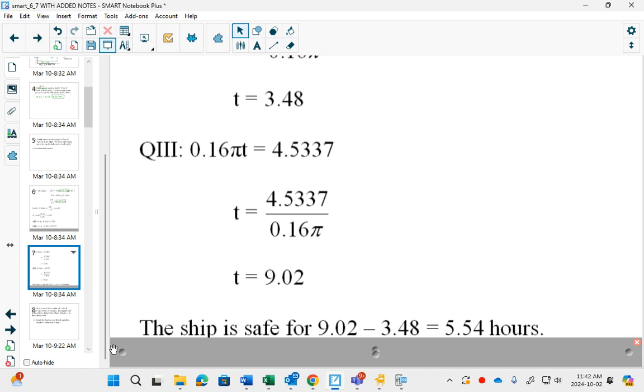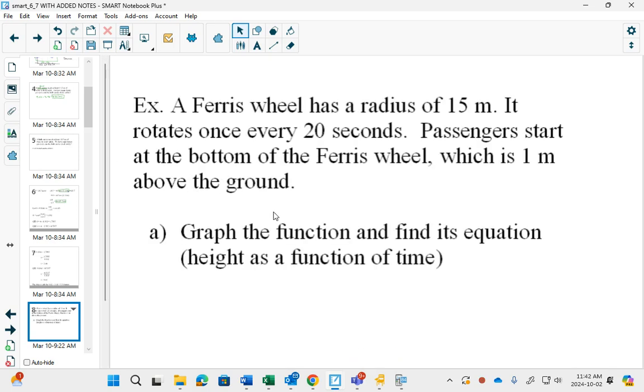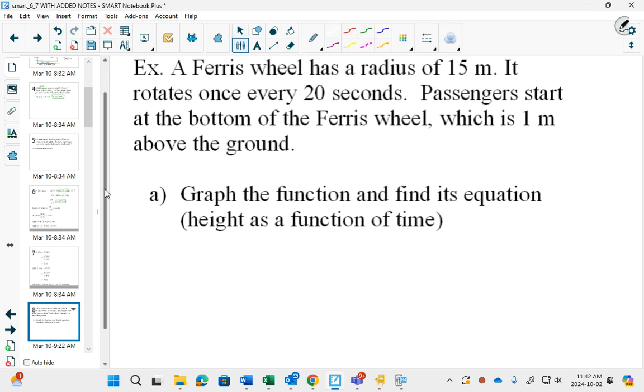Okay, now we'll write down again, we'll look at the next question. Does everyone know what a Ferris wheel is? We go to an amusement park, we can draw a picture of it. Oh, I'm gonna make my tower.